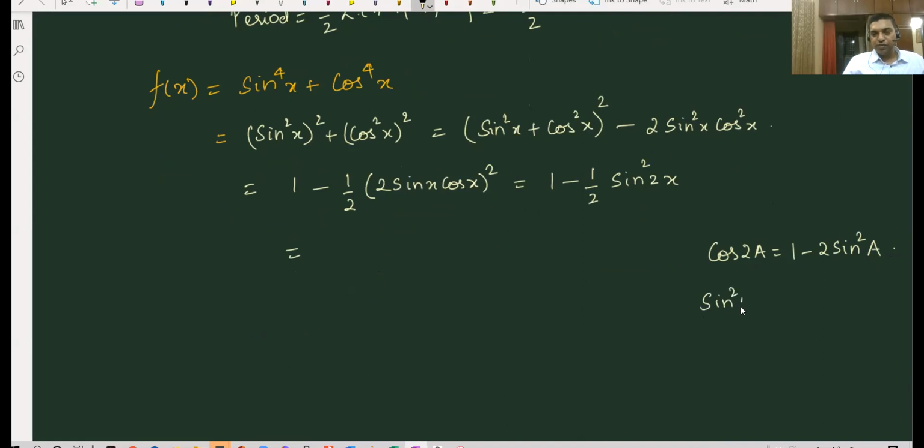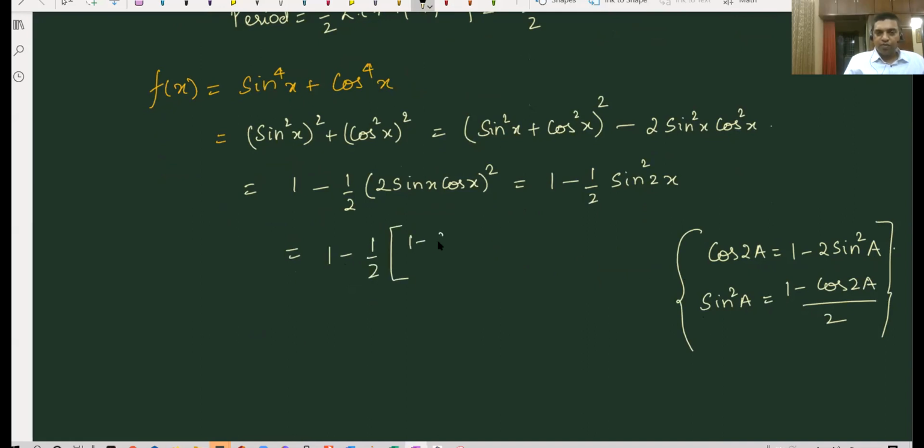So sine square a you can write as 1 minus cos 2a upon 2. So 1 minus half of 1 minus cos 4x by 2. So I get 3 by 4 plus cos 4x by 4.